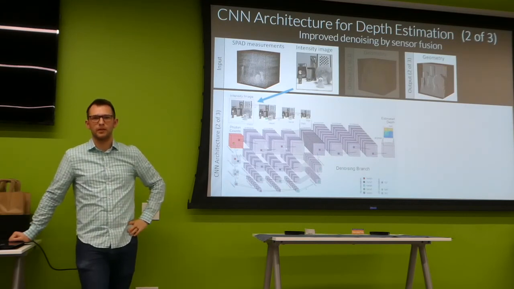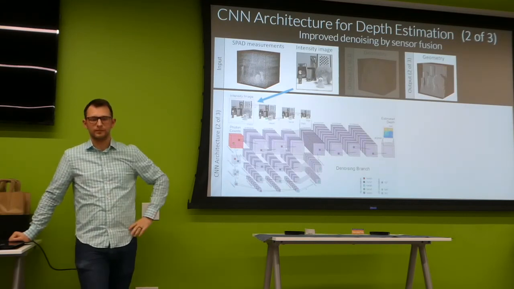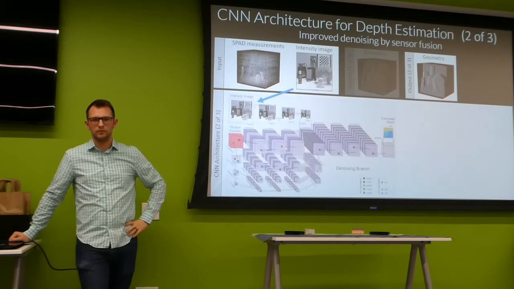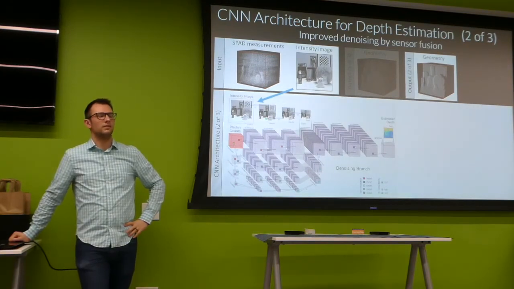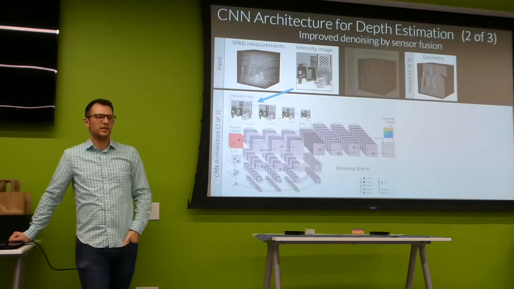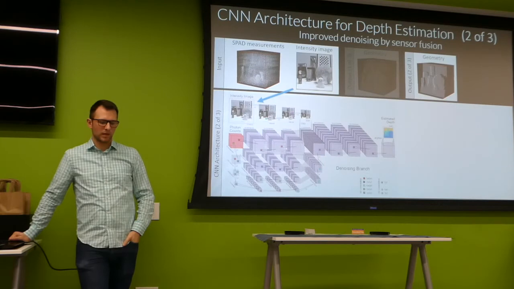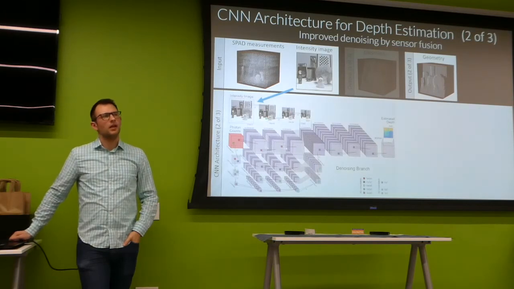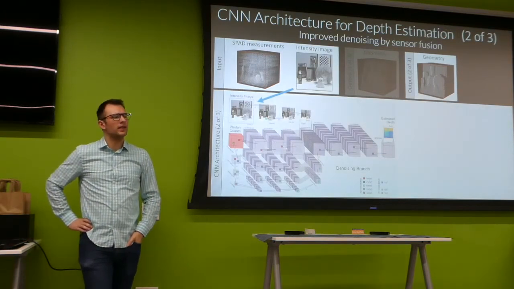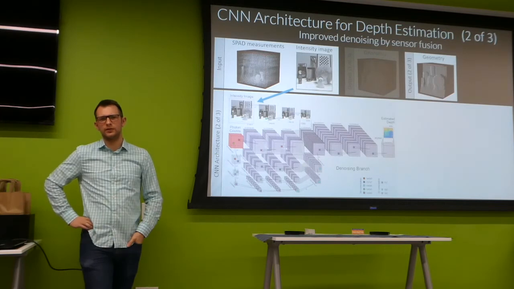I know you're doing more depth, but how does your denoising compare to what other companies are doing for ray tracing or other domains? Is there a significant difference? I think the models are quite different.